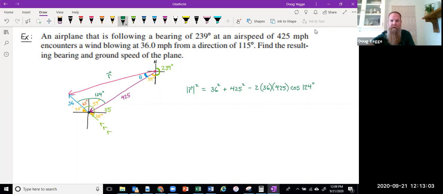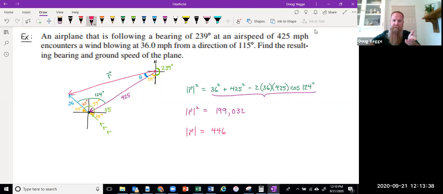So if we were to work through that on our calculator, and I encourage you to type that into your calculator to make sure you know how to do so, we would find that the magnitude of r squared is approximately 199,032, which means by taking the square root, we find out that the magnitude of vector r is equal to 446.